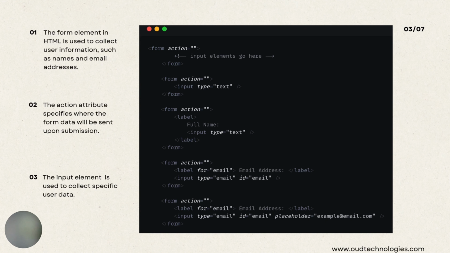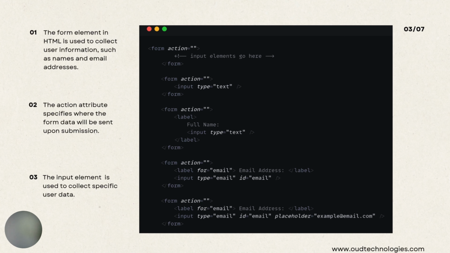There's another type which is explicit in the next one. If you look at the next one right here, this is explicit because the input tag is not nested inside the label tag, right? And for it to know that this label tag is associated with this input tag, you're going to need your for attribute. So it's basically saying it's for the input that has the ID of email, right?